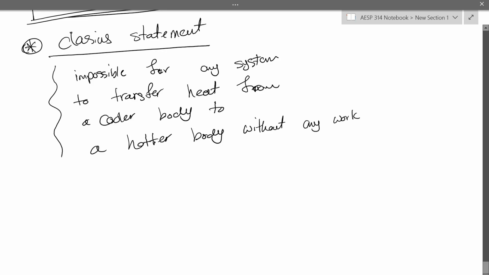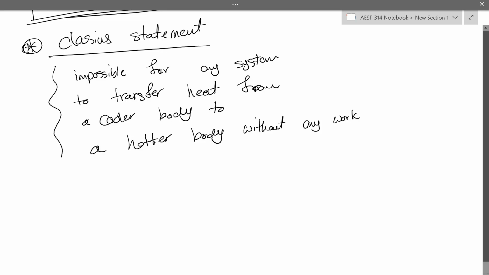What is an example of transferring heat from a cooler body to a hotter body? A heater in your house?